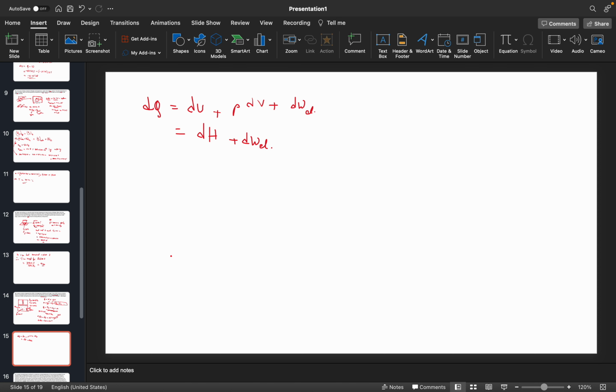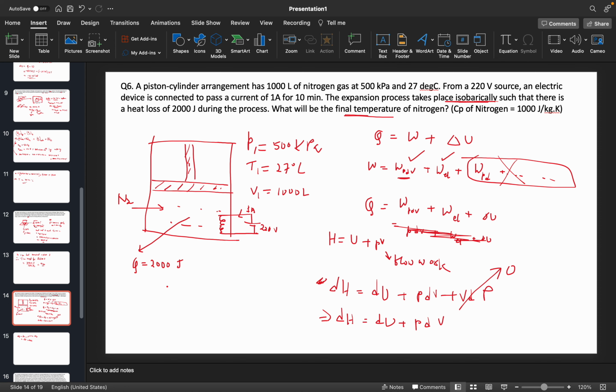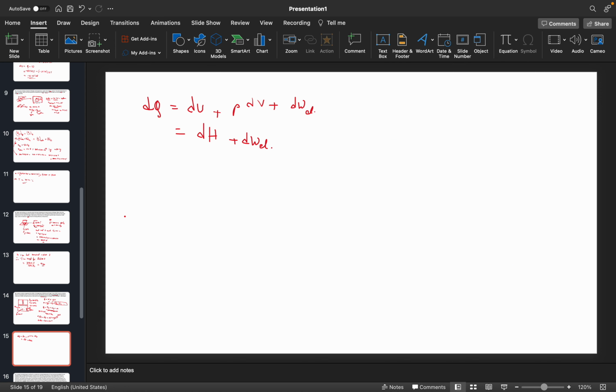Now if we do integration, I need to put a special sign here. You know why? Because Q is a path function and it is an inexact differential.